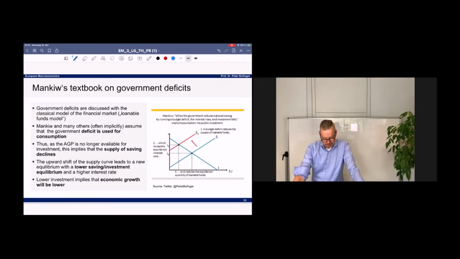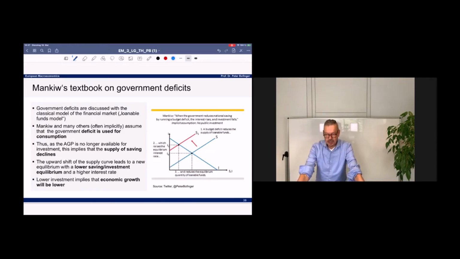So, what does government deficit now mean for our loanable funds model? Well, now we have to go back into this world of the all-purpose good. There's only one good that is available, and the idea is now, if the government runs a deficit, it means that it absorbs a part of the all-purpose good for the purposes of the government.